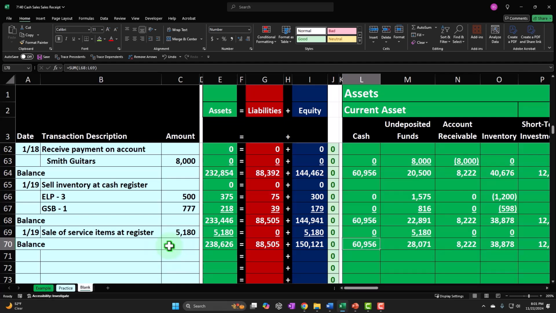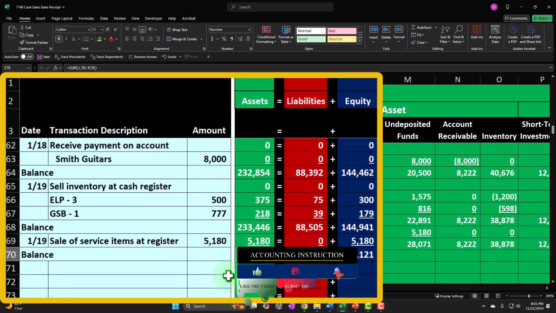All right. Anyways, so that's going to be, let's see. I think that's it. So we have assets at the 238,626, the liabilities 88,505, equities at the 121. Remember that equity represents the book value of the company.